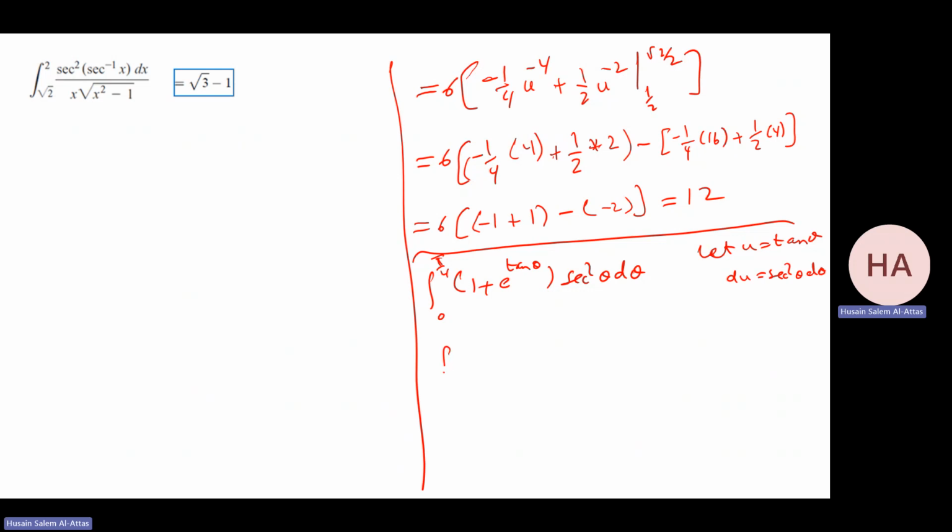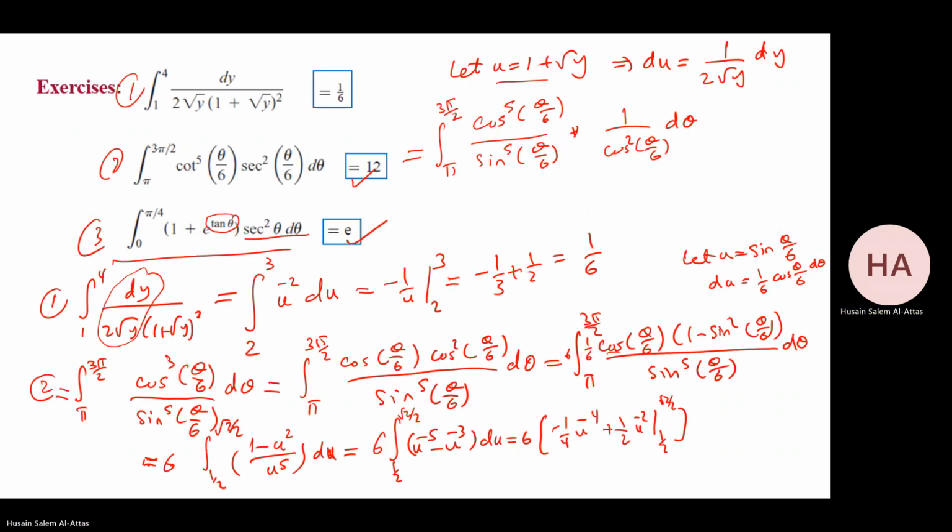Plug the numbers: tan 0 is 0, tan pi over 4 is 1. So I have the integral of 1 plus e to the u du, which is u plus e to the u from 0 to 1. That gives me 1 plus e minus 0 plus 1. So the answer is E, which is this answer.